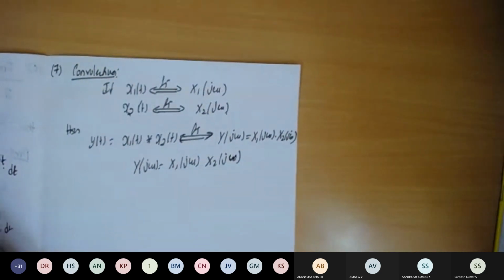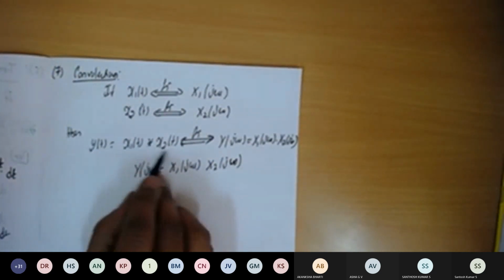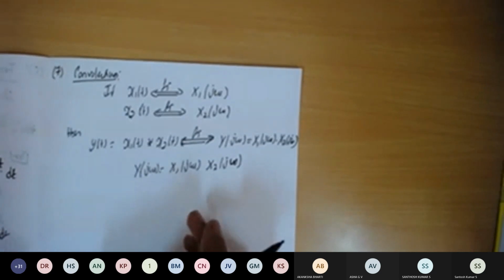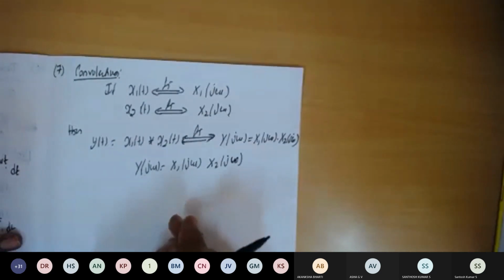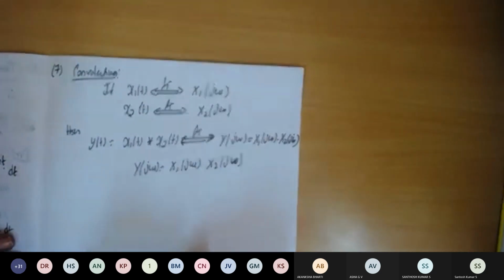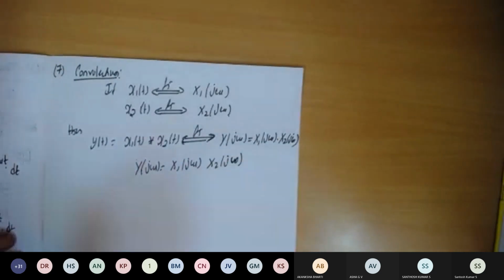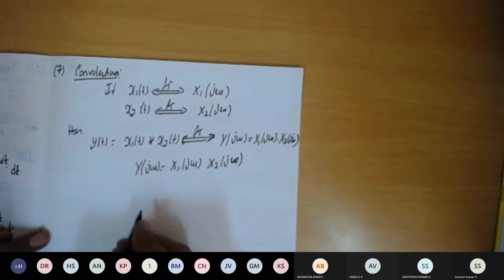In order to prove this, we'll consider the Fourier transform of y of t, which is the convolution integral. We'll substitute in the formula, do some replacements, and we'll get the required proof. So the convolution in the time domain is equivalent to the multiplication of their respective Fourier transforms.